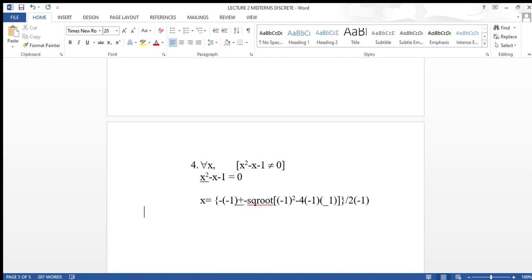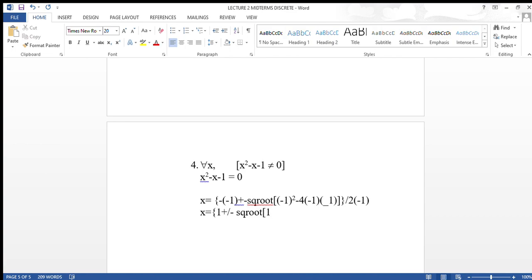So, simplifying this, we now get x equals positive 1 plus or minus the square root of minus 1 squared is 1.